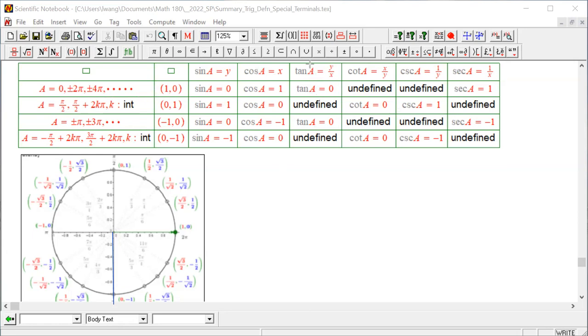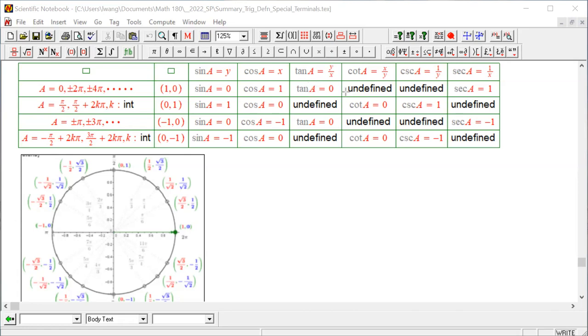Now if we look at it vertically, for tangent, okay, the angle cannot terminate on the y-axis. This terminal cannot be, they will be undefined. So for tangent, the entire y-axis cannot be the terminal of any input angle.